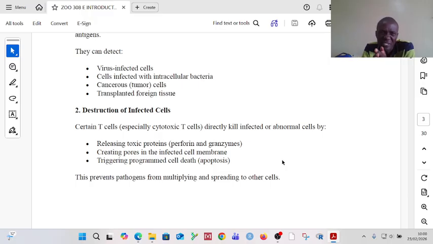So by destroying a cell that is either infected or abnormal, these T cells will help to prevent the pathogens which are found inside that cell from spreading, from multiplying to other cells, because it has led to the destruction of that infected cell. So it means the pathogen will also die in the process. Okay.